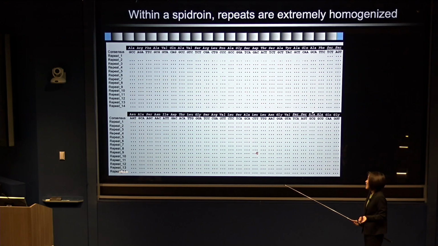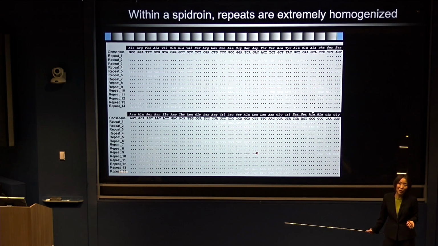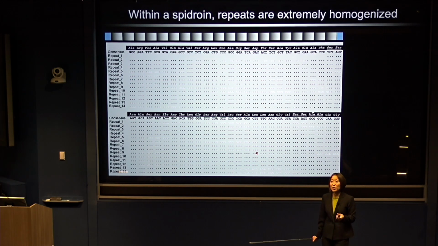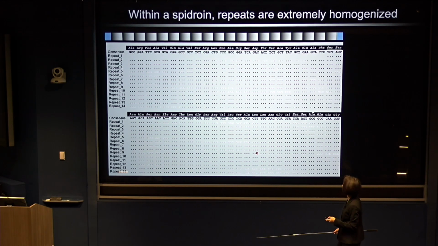And given how frequently I see this kind of result, I think it's concerted evolution. It's a molecular process that's homogenizing these repeats to each other. You could have some gene conversion, you could have unequal crossing over, that is keeping these repeats very, very near identical to each other.